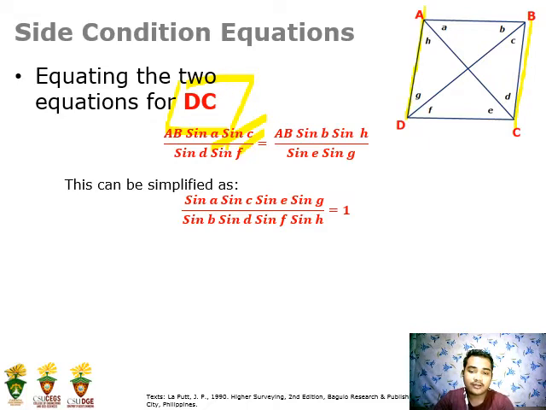So kung ato ni siyang i-cross multiply, no, mahimo siyang AB sin A sin C sin E sin G all over AB sin B sin D sin F and sin H. So i-cross multiply na siya plus na cross multiply siya, so makancel ang AB, no? Makancel si AB kaya equate naman siya.